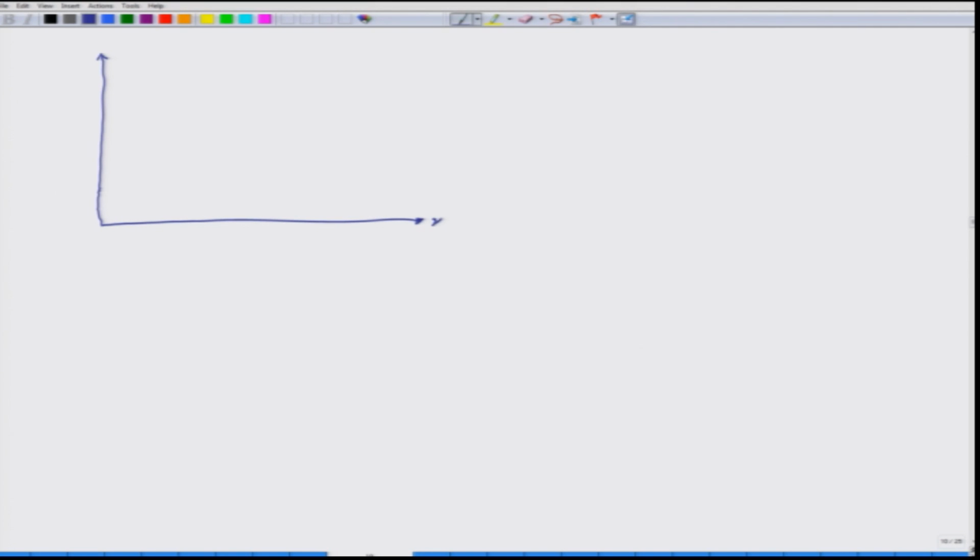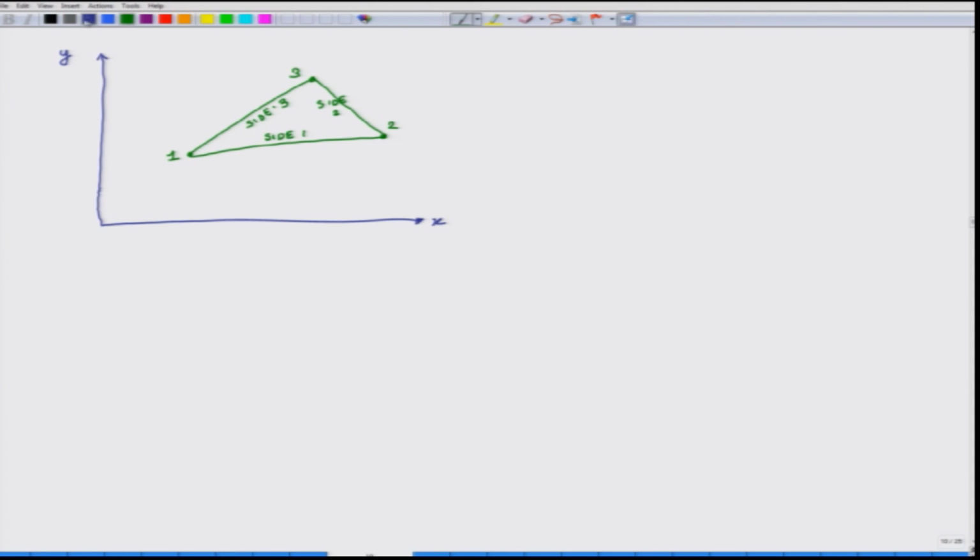So, this is my global coordinate system x, y, and this is my triangle. So, we have side 1, side 2, and we have side 3. We have node 1, node 2, node 3.